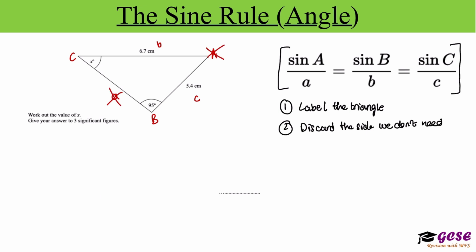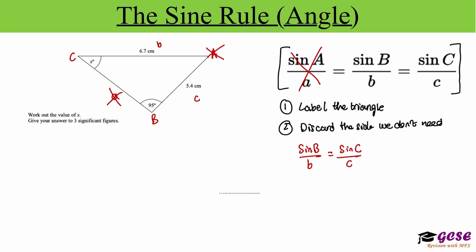We don't need the letter A because it doesn't give us any additional information. And because we've ruled out A, we're going to rule out A from our formula as well. So our new formula is now sine B over b equals sine C over c.